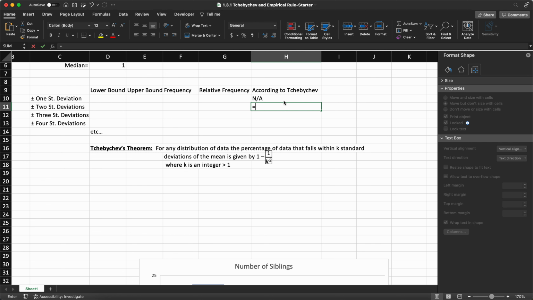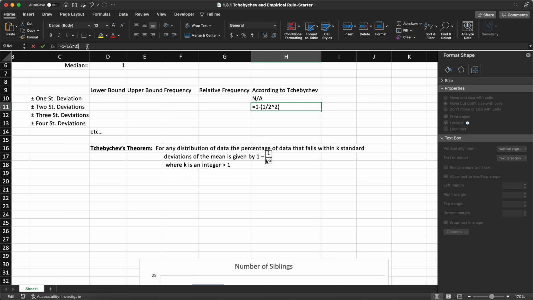But I do know that within 2 standard deviations of the mean, I should have about 75% of my data.